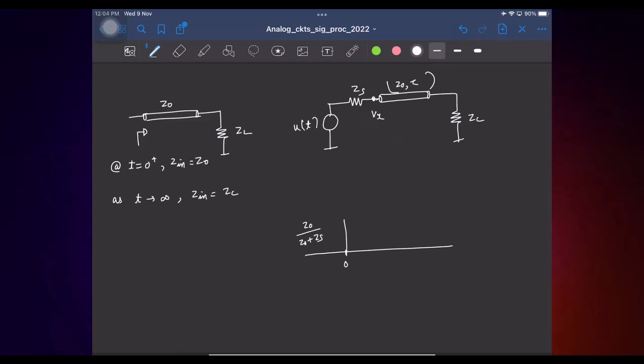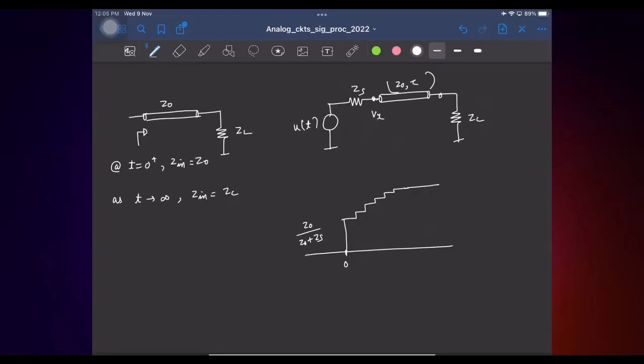And as t tends to infinity, what happens? This basically is the short, so we have the division between these two. Depending on what is higher, this can be higher or lower, I mean this can be lower than this also. So this will be the steady state. If you look at the transient, it will do something like this, right? And this is happening because you have reflections at both ends of the line, right?